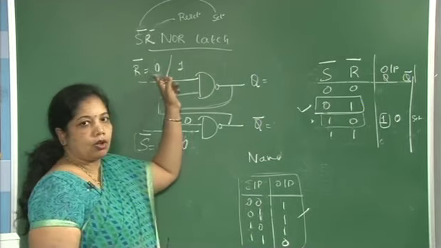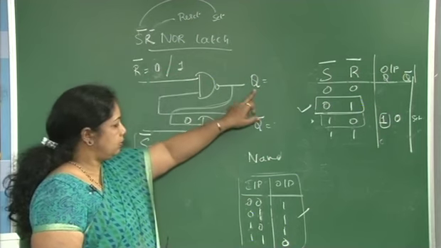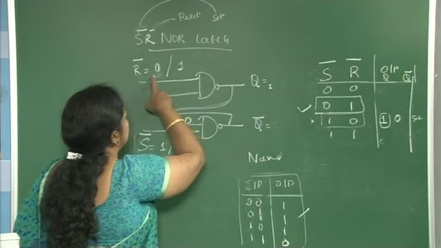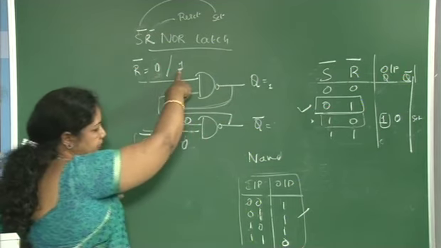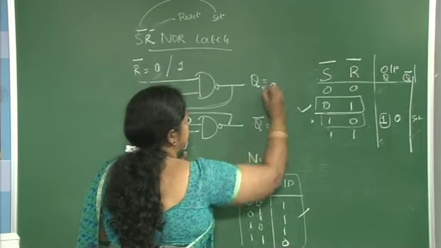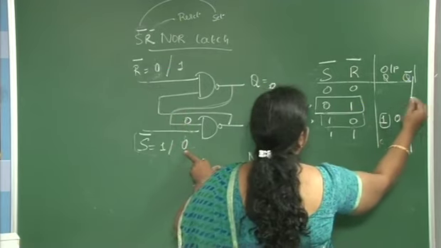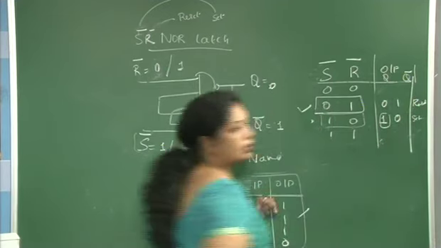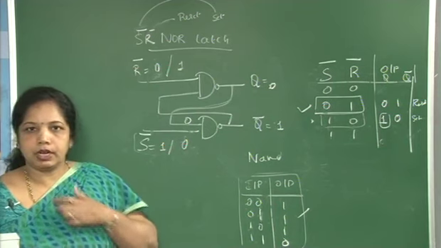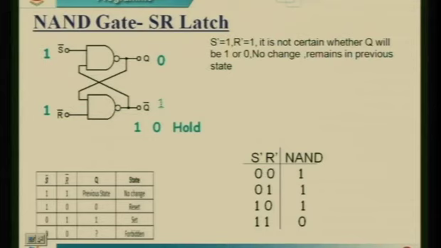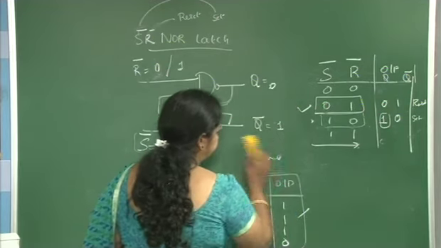So R complement is 0, my output will be logic 1. That is the reset condition. Similarly, if I give both 1 1 here, it is the reverse of SR.